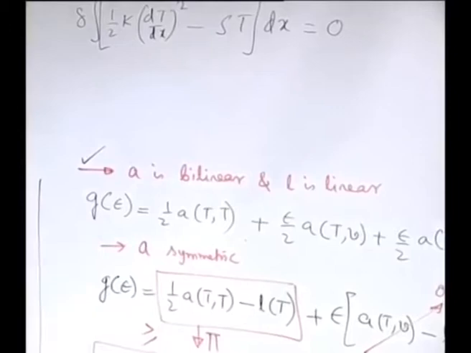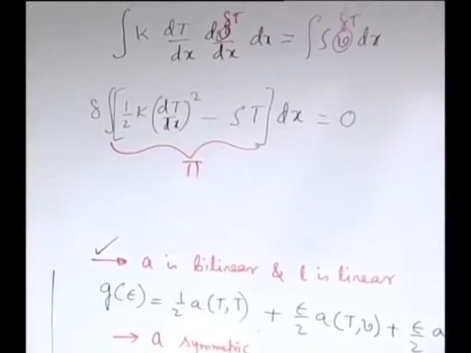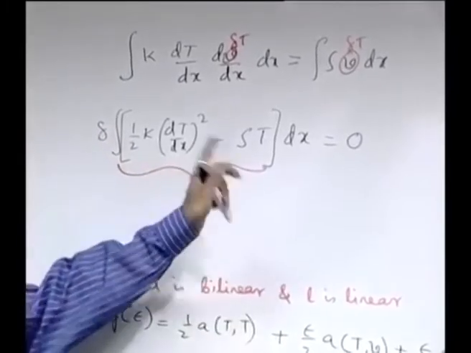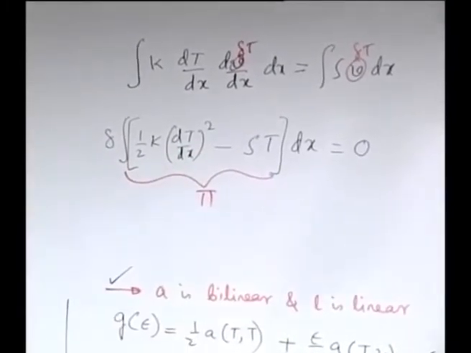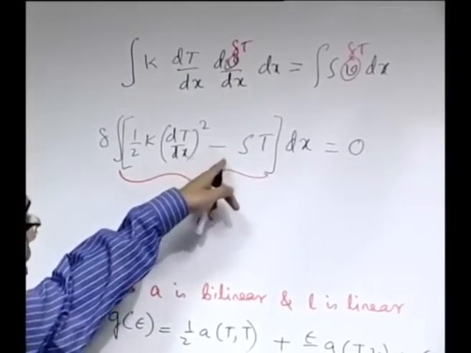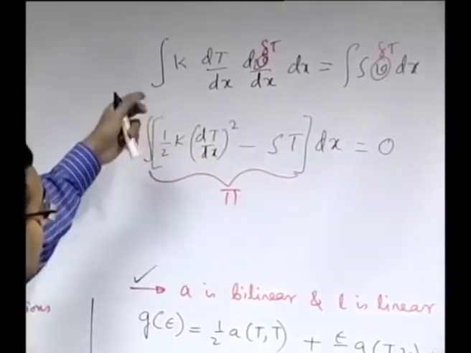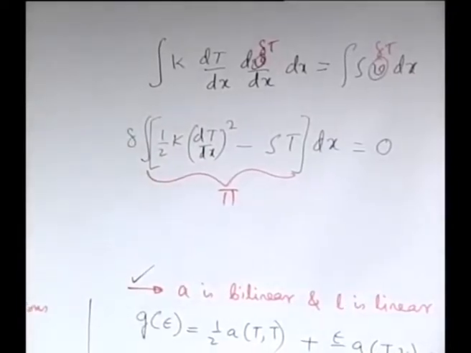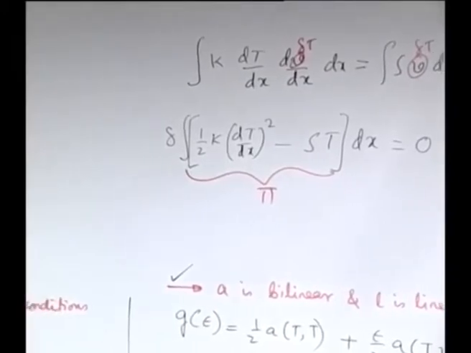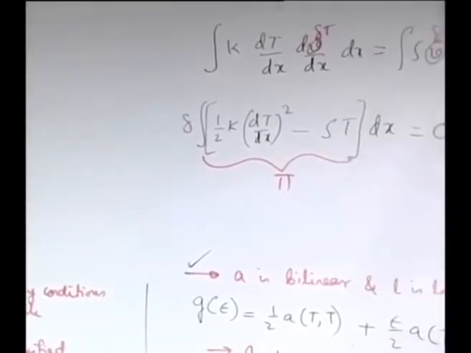We just give it a name capital pi. This is the capital pi which you are minimizing. So del of that is 0. So this is like half A(T,T) minus L(T). So you can see that you can swap from one form to the other form, and in this example this interchangeability is possible in both directions because A is both symmetric and positive definite.